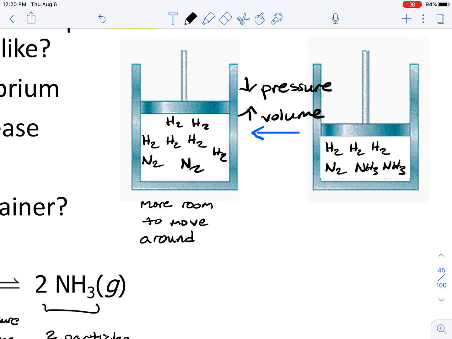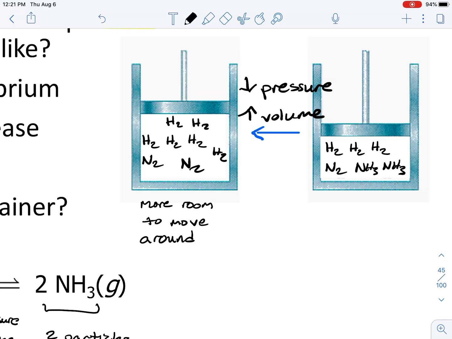So notice that the pressure that was observed here, when the equilibrium shifts to the side that has a greater number of particles, it's trying to get that same pressure back. Okay, so you guys can think about it like that.